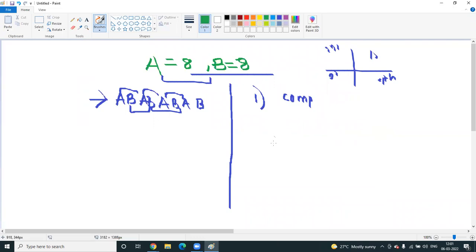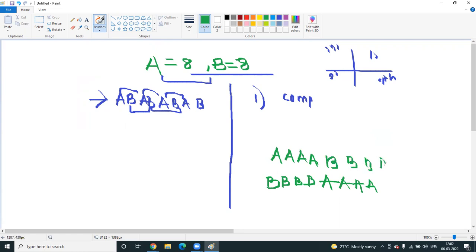A equal to 8, B equal to 8. So A equal to 4, B equal to 4, total 8 devices. The first quadrant equals the third quadrant, and the second quadrant equals the fourth quadrant. So this is also a common centroid match.